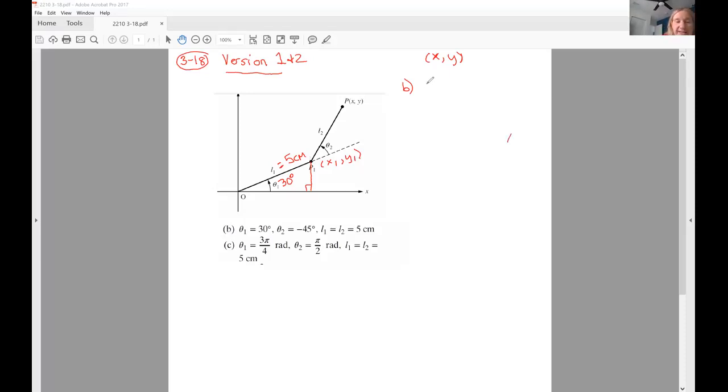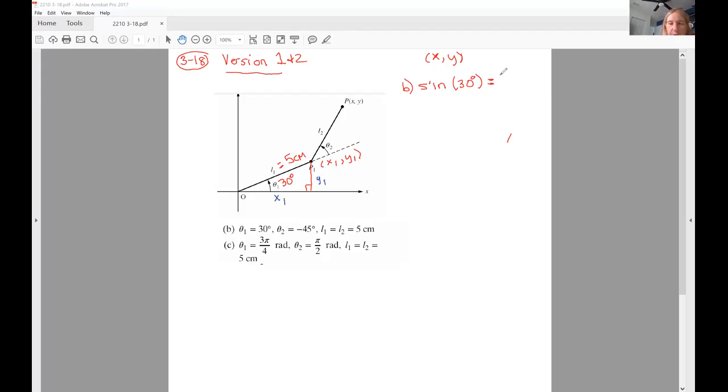So if I say the sine of 30 degrees is equal to the opposite, which is, here, let me label it. I'm going to call this my y1 and this my x1.